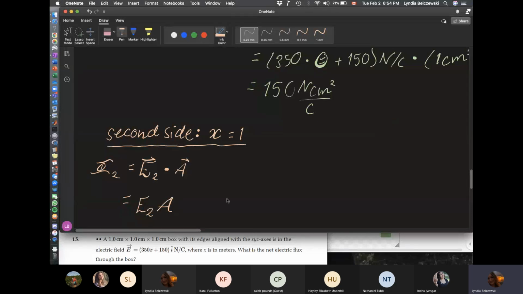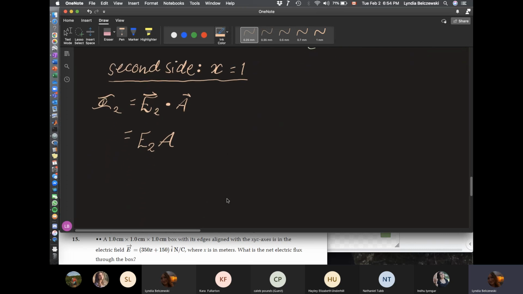Okay. So now we have the electric field at the second value of x, which is getting multiplied by the area of that second side. It's a cube, so all the areas are going to be the same. The area will still be 1 centimeter squared. The electric field here, though, will be 350 multiplied by 1 plus 150 newtons per coulomb, multiplied by 1 centimeter squared.